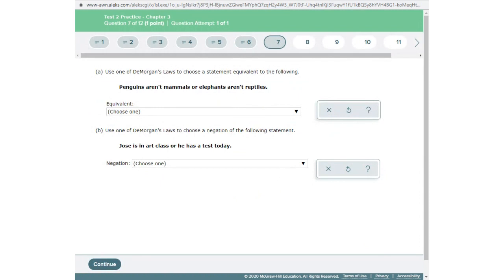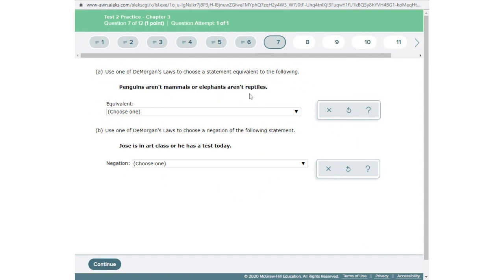All right. Penguins aren't mammals, or elephants aren't reptiles. Now, they ask us to use De Morgan's law to get an equivalent statement. And if you can't remember, you can go back to those notes and look. But this is the negation of penguins are mammals, and this is the negation of elephants are reptiles.